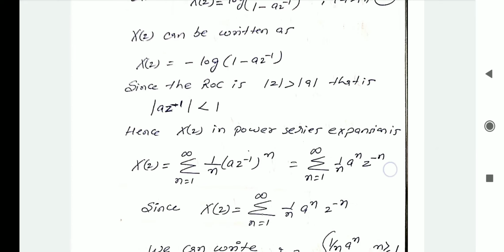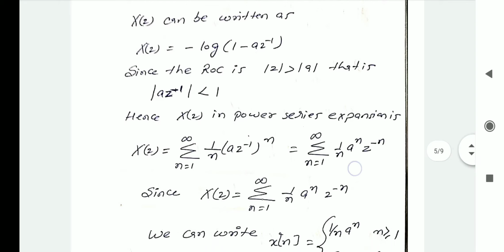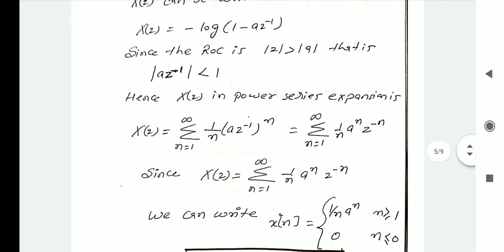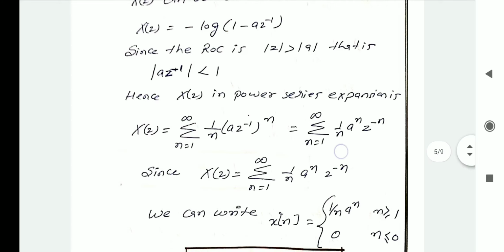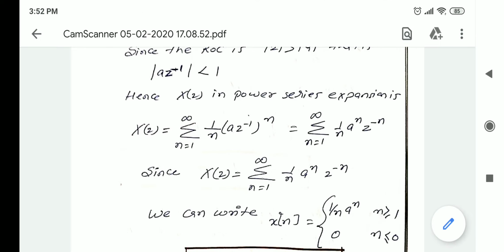Now this is basically nothing but the formula of the x of z, where the formula of x of z says summation n equals 0 to infinity x of n z to the power minus n, that is for positive values of n for a one-sided sequence.